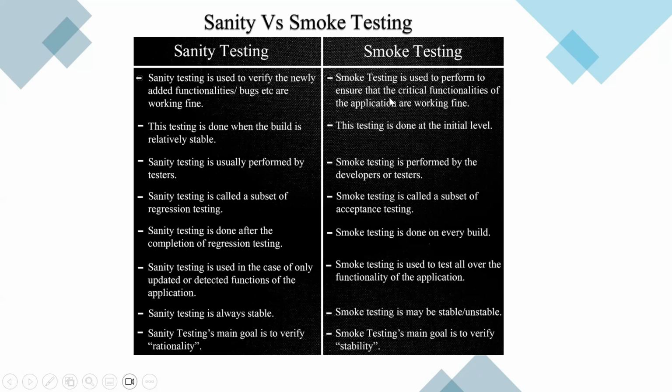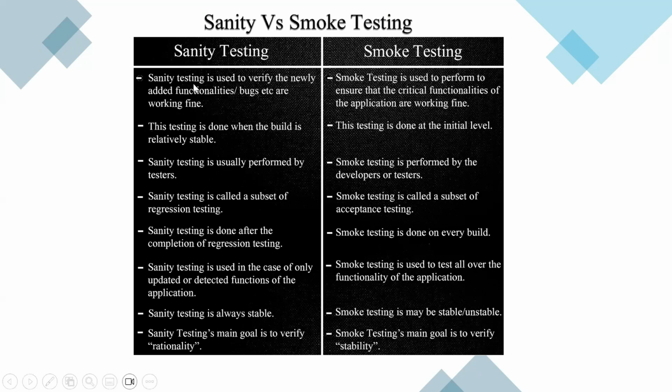Smoke testing is performed to ensure that the critical functionality of the application is working fine. Critical functionality means whether you are able to log in or launch the application or not. That is a very basic testing, you can say.